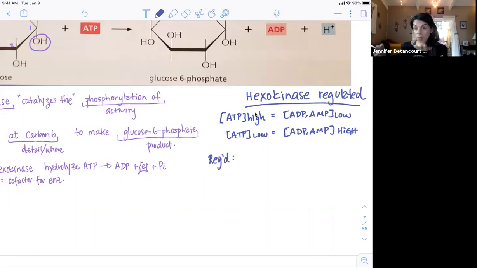It can be allosterically negatively regulated by ADP. Inhibition, or negative regulation, has a symbol that is a sideways T. I don't know why, okay? When you regulate something and increase the activity, the symbol is an arrow.